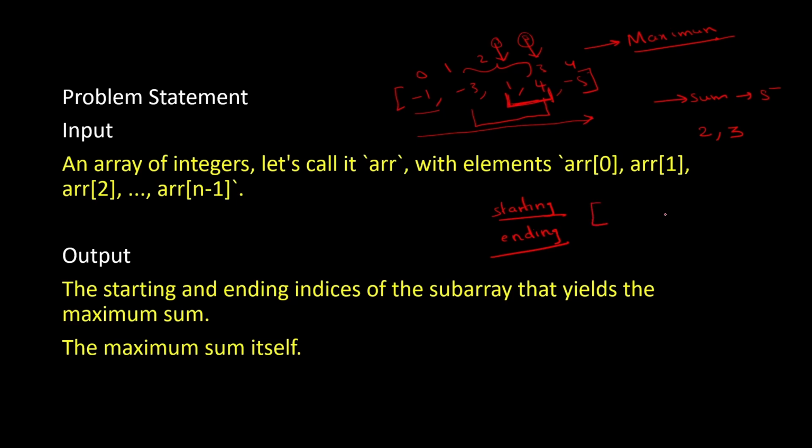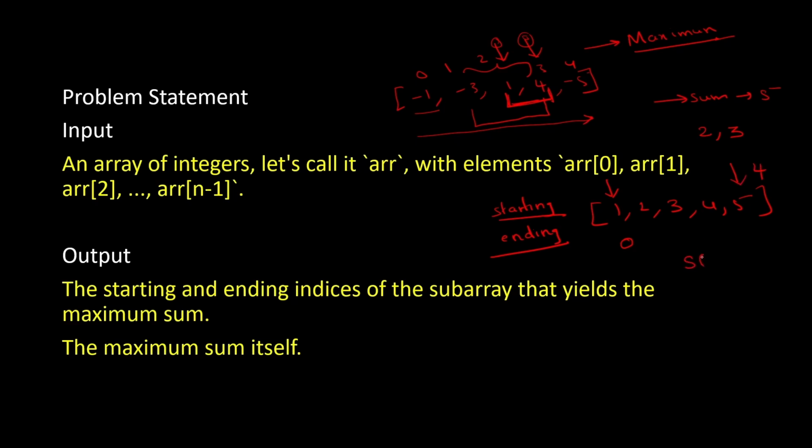Consider this case. Our array might contain all positive integers. Here the solution is very easy. If someone tells you they are only going to give arrays with positive integers, you will directly say the starting index would be the leftmost index, which is 0, and the ending index would be the rightmost index, which is 4.